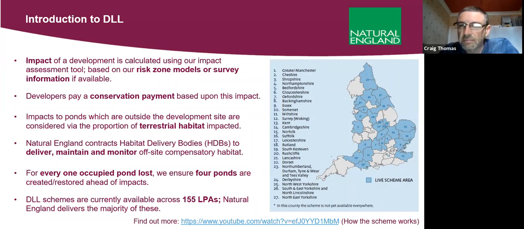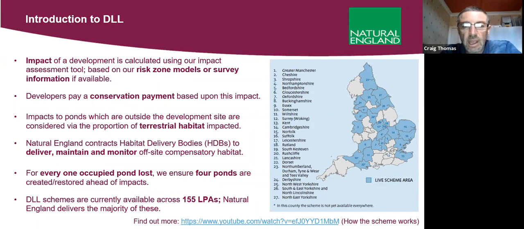One of the absolute givens to DLL is that for every occupied pond that might be lost, we ensure 4 ponds minimum are created and restored ahead of the impact. It's upfront habitat delivery. And where we stand at the moment, DLL schemes are available in 155 LPAs in the country, as detailed on the map to the right.